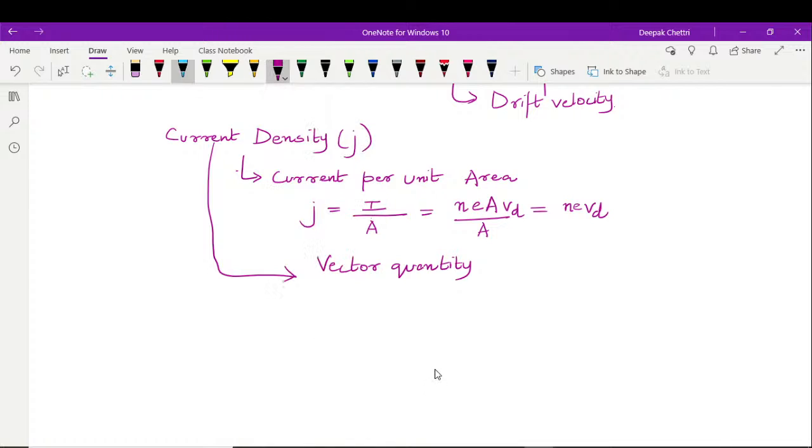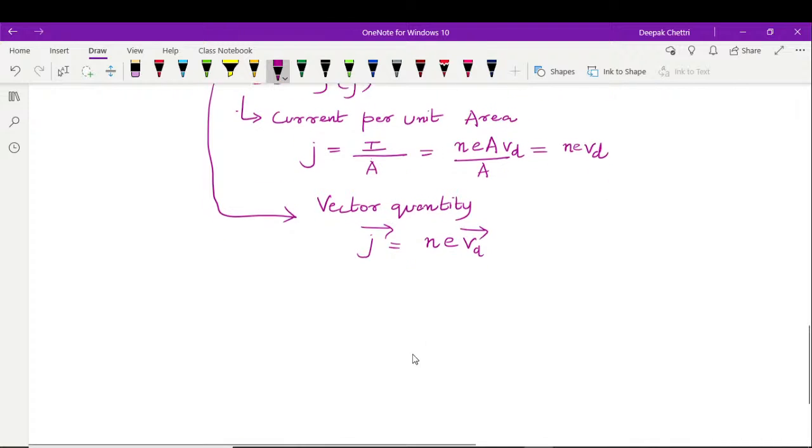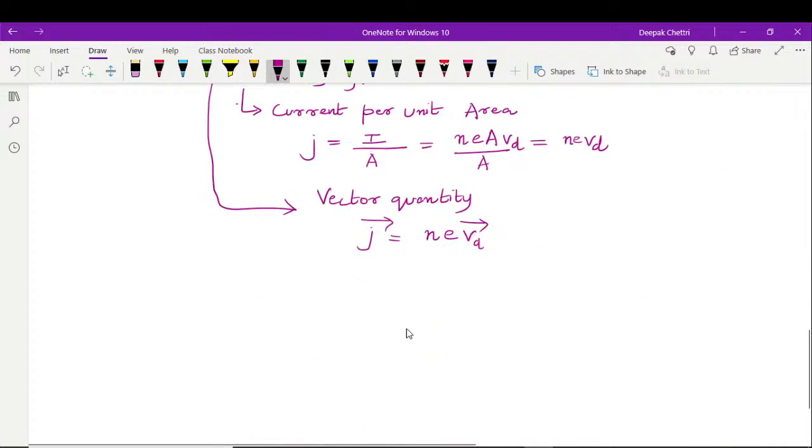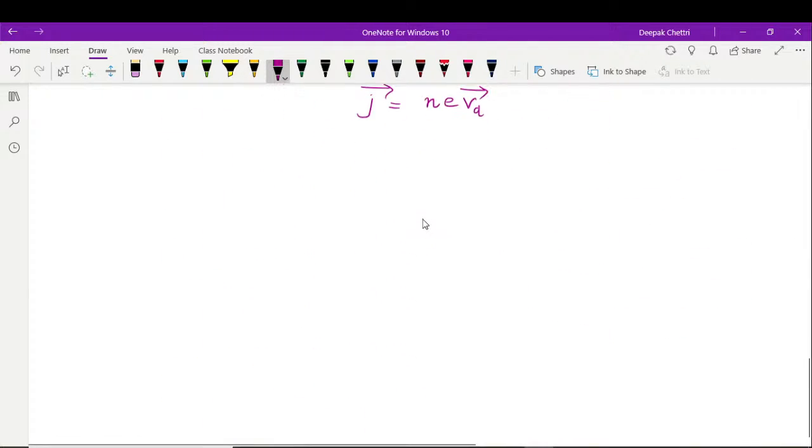And in vector form you can write this as nEVd. Okay, this is your current density. It is the current per unit area. Okay, so that is that.